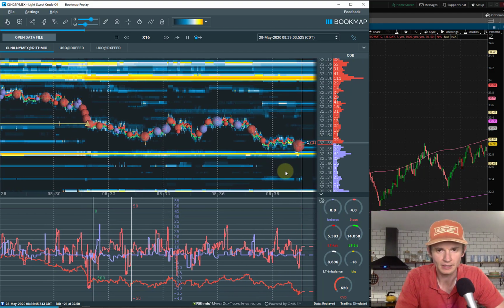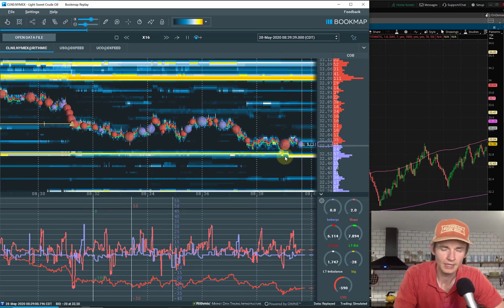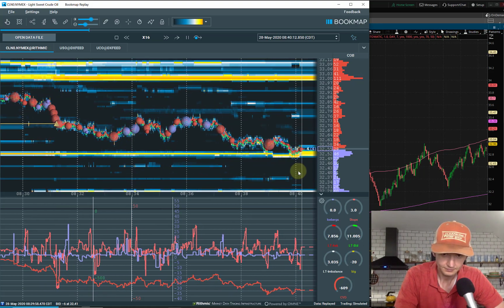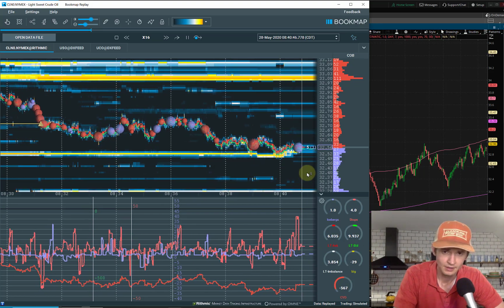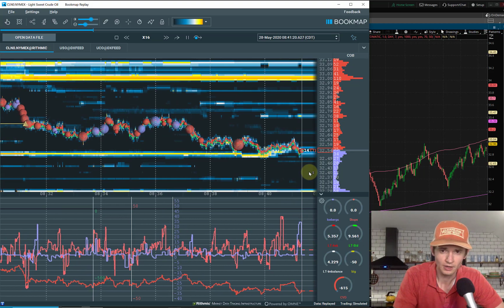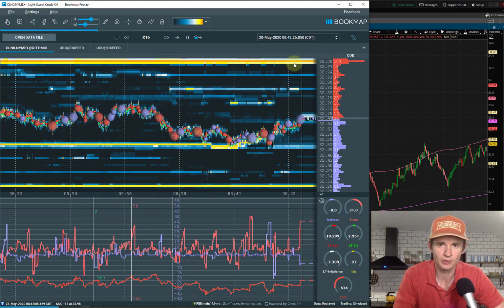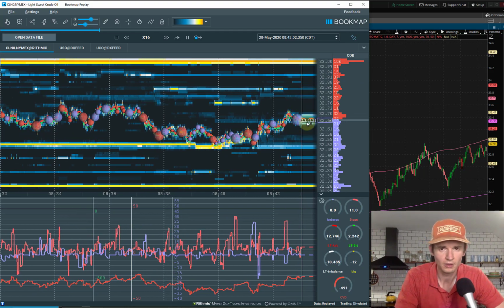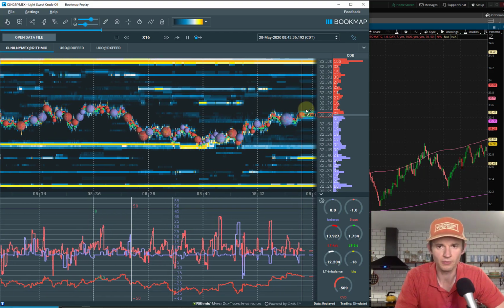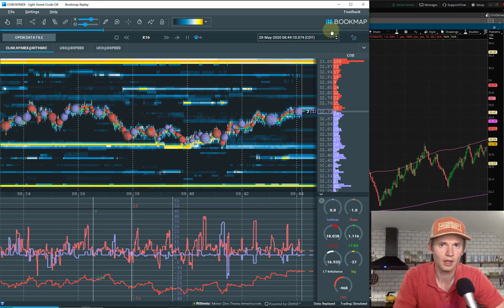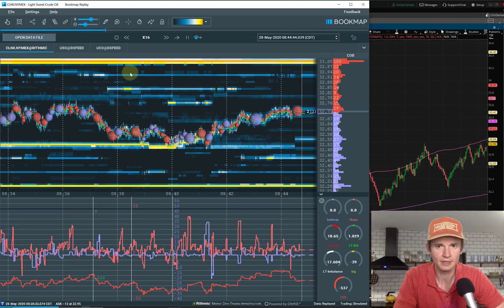But I'll take my 15. So there we go. We hit that level. And then we start working our way slowly back up. And it bounces around in here for a good part of the early morning before the market does end up going up pretty much for the rest of the day.